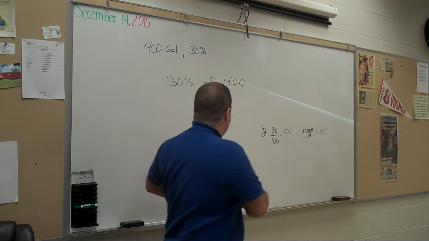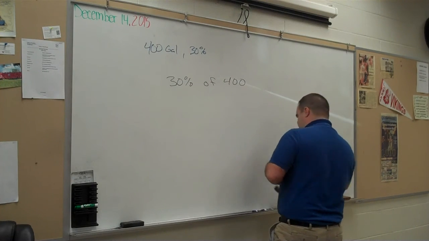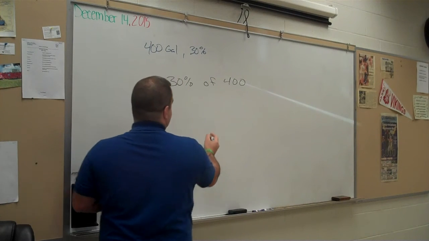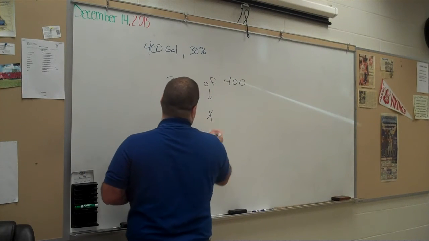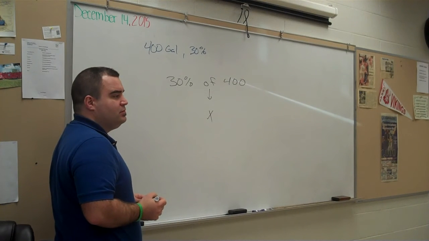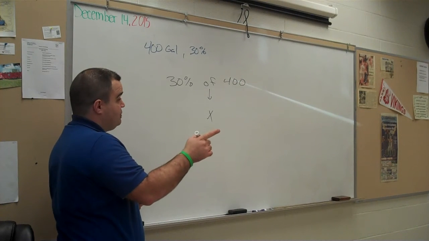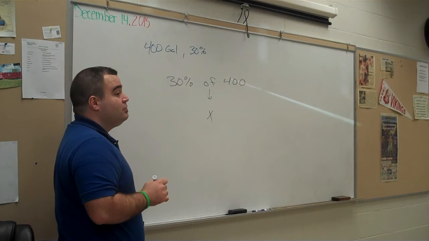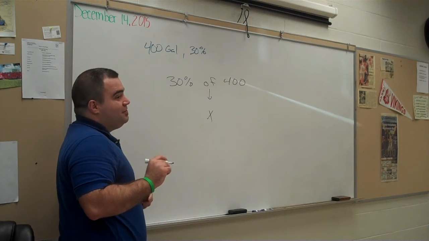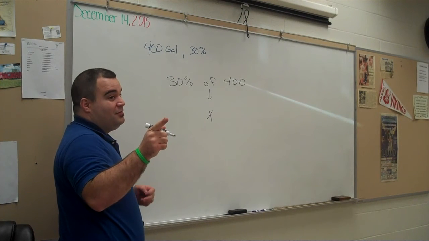If I give you 30% of 400, of means multiply. 30% is what written as a decimal? 30 over 100, that's a fraction. Decimal. Percent to decimal goes to the left.